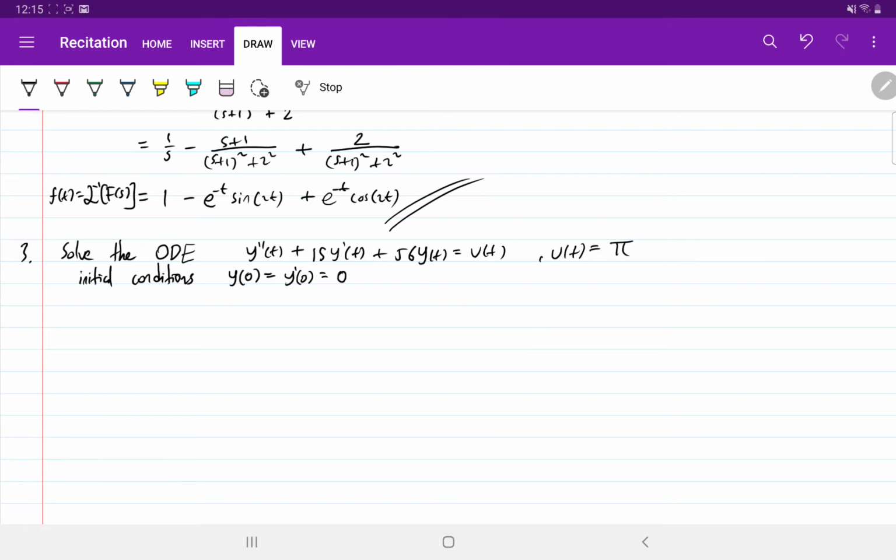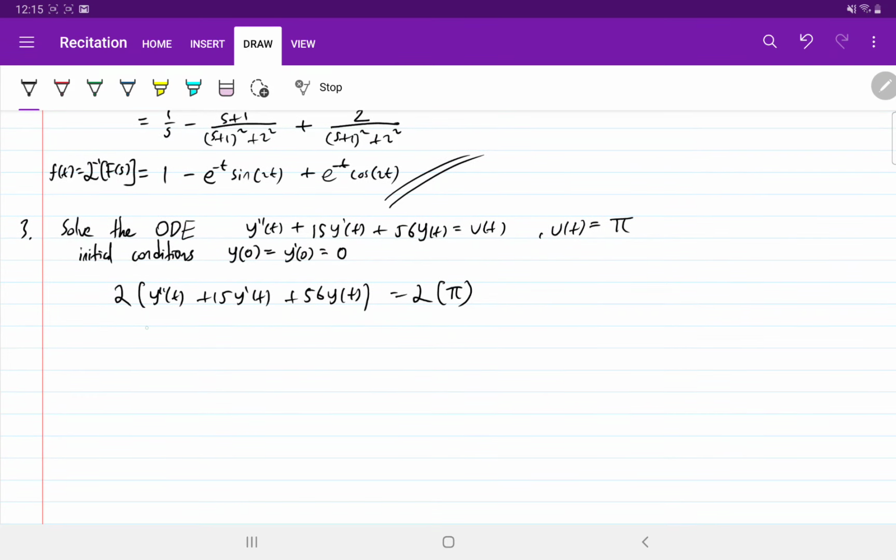Okay, so let's apply the Laplace transform. Y double prime t plus 15 y prime t plus 56 y of t, and then Laplace of pi.